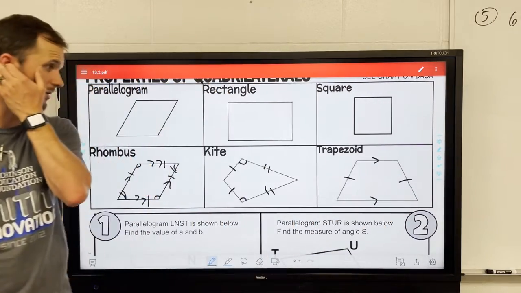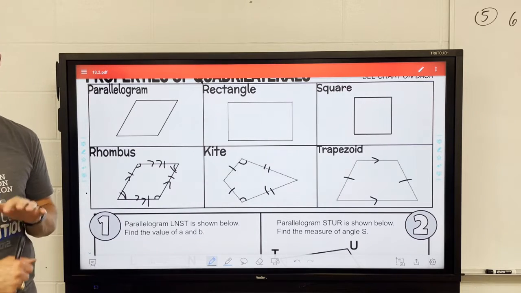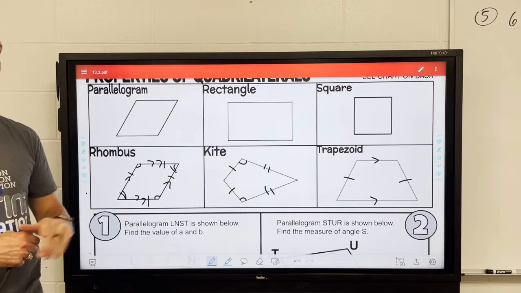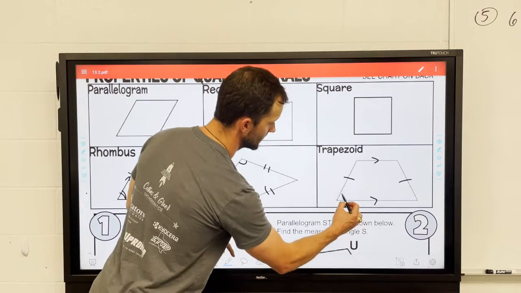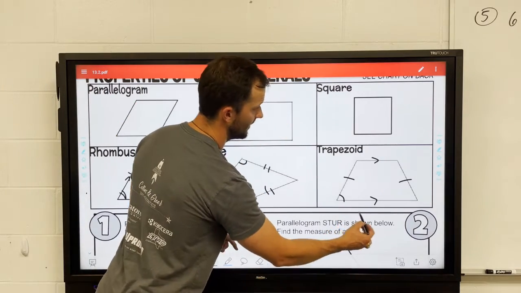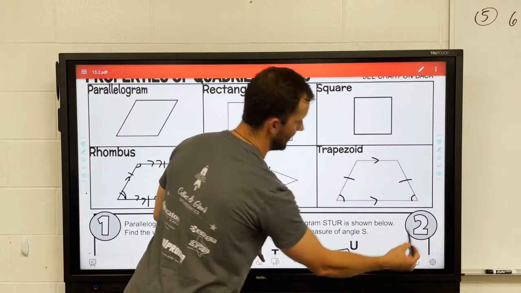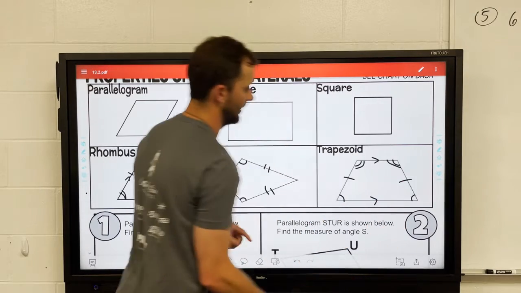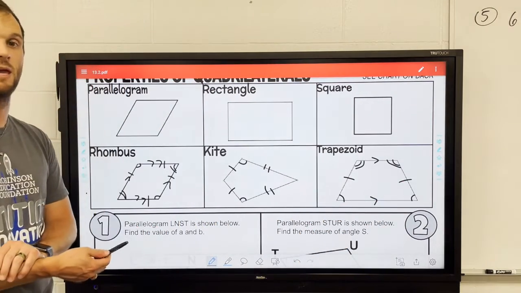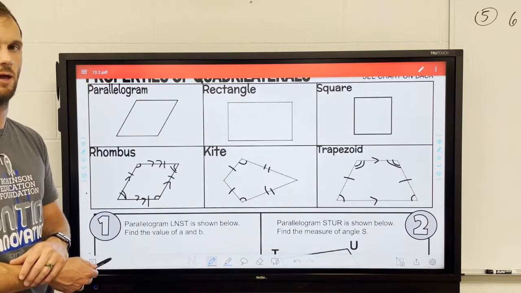But all of the time, those aren't actually going to end up being that way. With a trapezoid, if I look at my base angles, this angle right here and this angle right here are going to end up being congruent, and this angle right here and this angle right here are going to end up being congruent as well, okay? If that's an isosceles trapezoid.